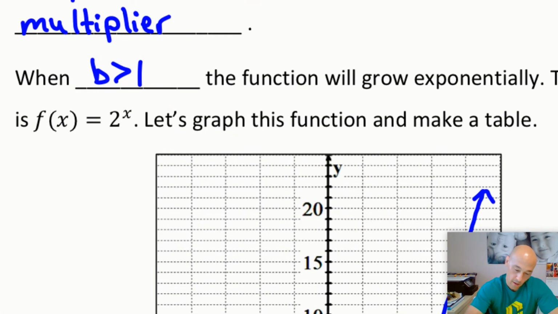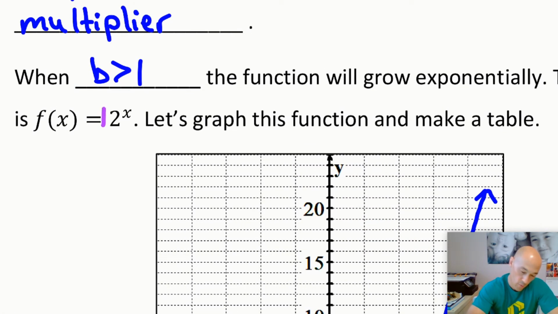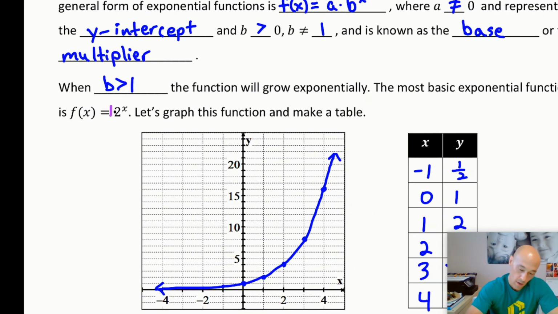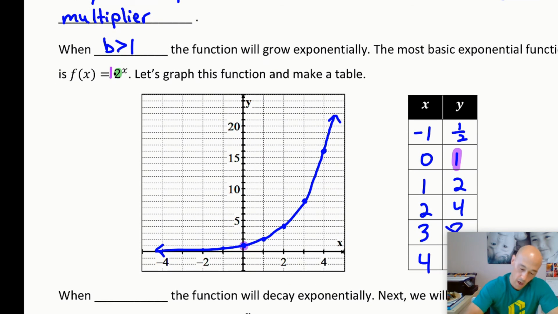So if we look at our graph or our function here, we have 1 times our 2. In our graph, there's our y-intercept, and here's our y-intercept in the table. And then our b value, our 2, we can see in the table as x increases by 1.